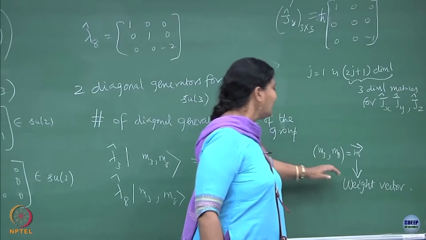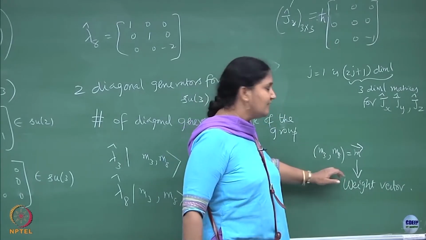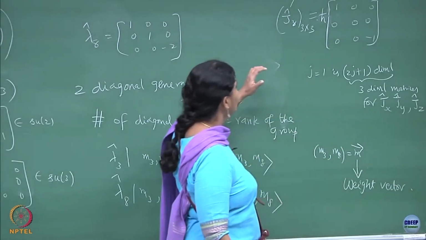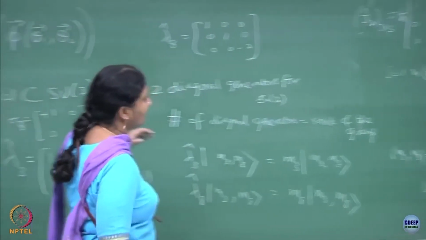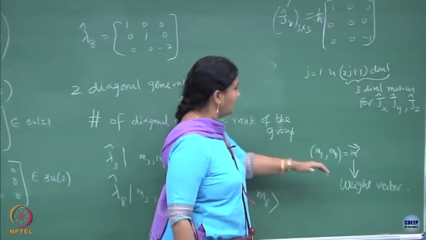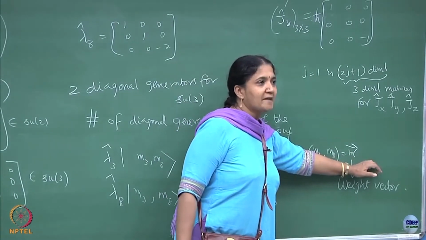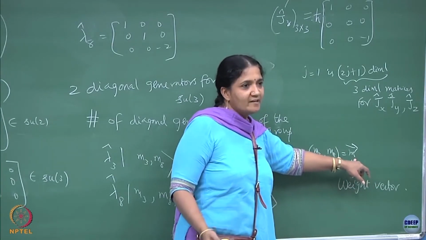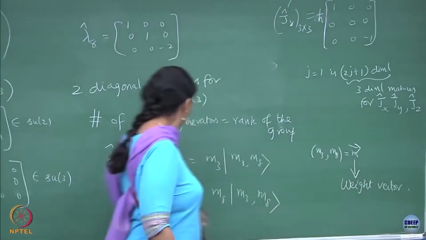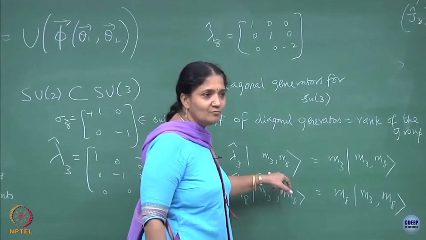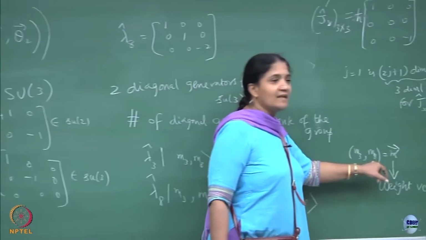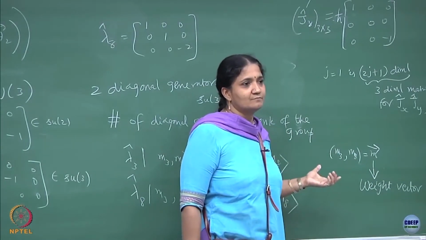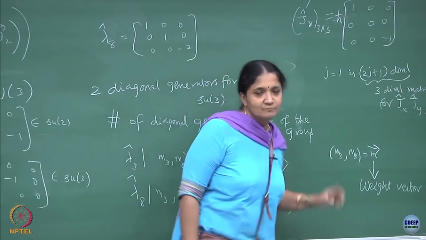The first non-trivial group is SU3, where you will start seeing that you can represent the analog of your magnetic quantum number by your magnetic vector, where the first component will be like your magnetic quantum number because that is the lambda 3 eigenvalue. The second component will be like the new diagonal generator for SU3. Clear?